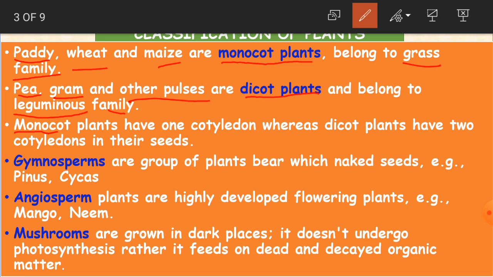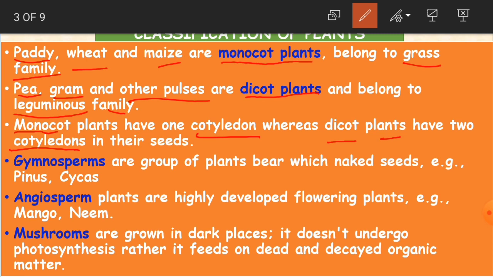Okay, so cotyledon is nothing but that, which is inside the seed. And these monocot plants have one cotyledon, whereas dicot plants have two cotyledons in their seeds. In the sense, these grass type of family have one seed leaf, whereas the dicot plants have two seed leaves inside their seeds.